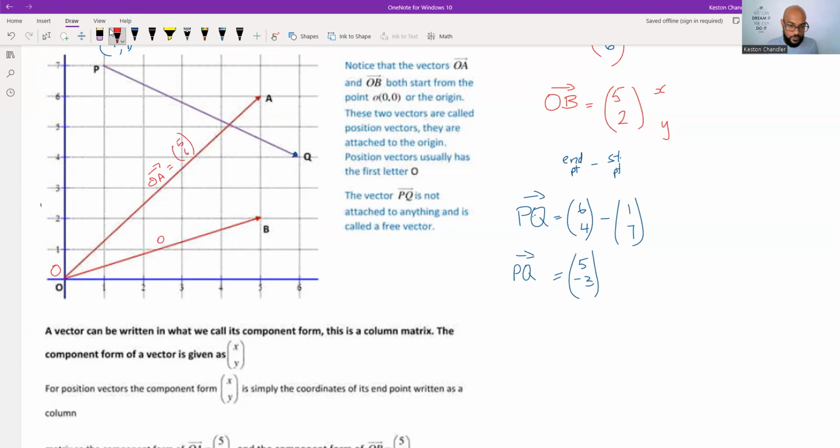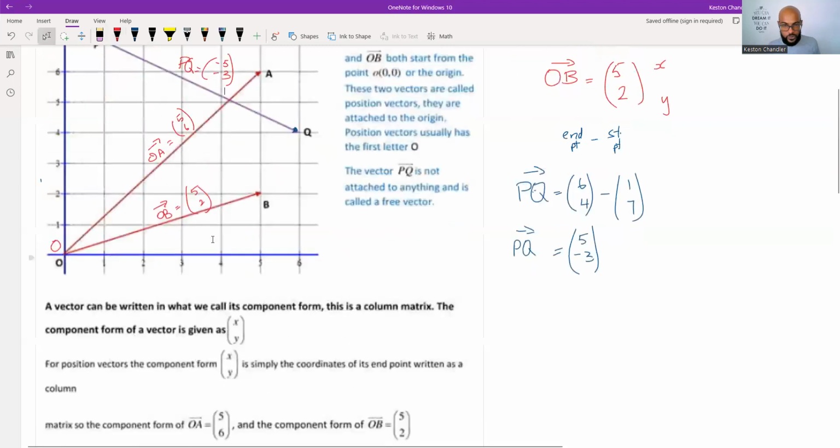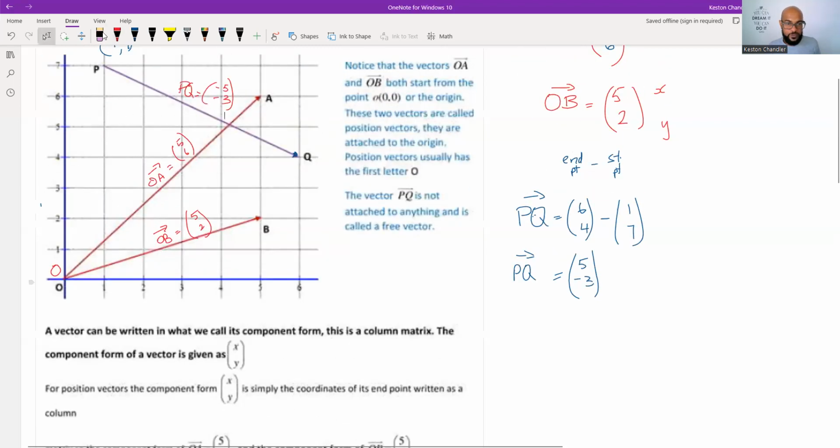And OB was the vector 5, 2. And PQ was the vector 5, negative 3, because it went to the right.